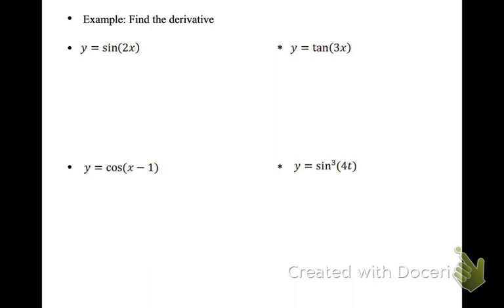Okay, find the derivative of sine of 2x. So, derivative of sine is cosine of 2x times the derivative of the inside, which is 2x, which is 2. Can I just write it in the front?